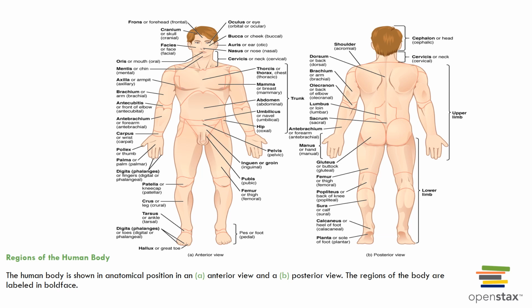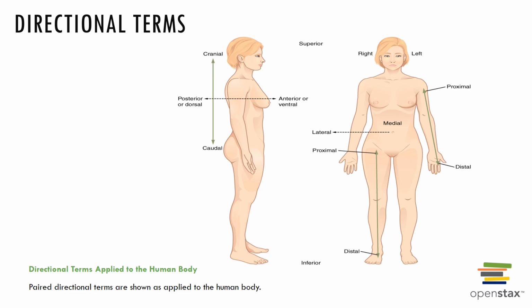So you have to know all of these regional terms that indicate locations on or in the body. You also have to be familiar with directional terms and sectional terms that describe specific points of reference on the body. So anterior or ventral is toward or at the front of the body.